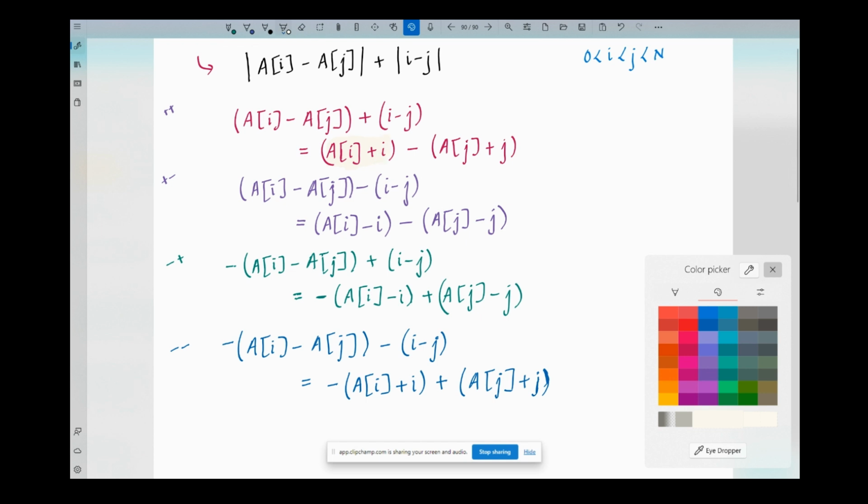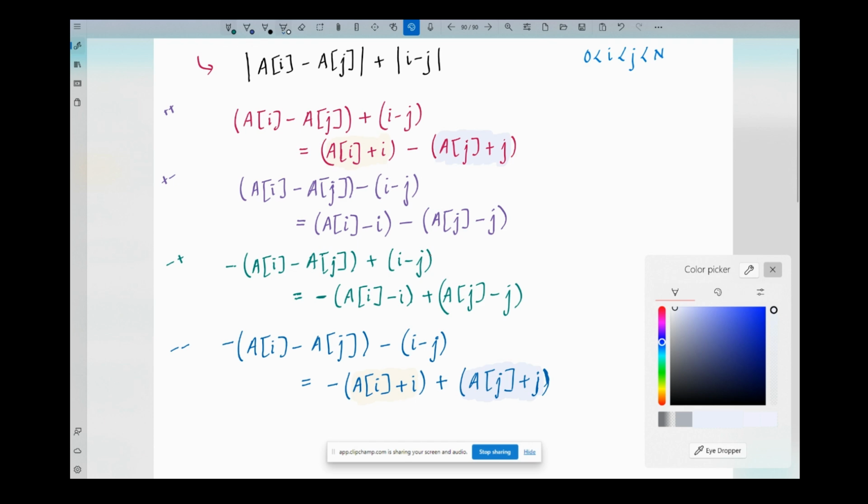A of i we have here. We have a of i plus i, and then here we have a of j plus j. We have a of j plus j here, right? So if we knew the value of all indices, let's put it in this way.